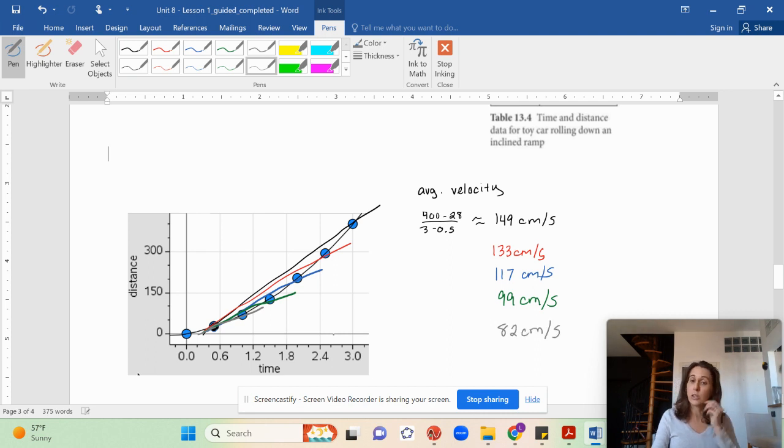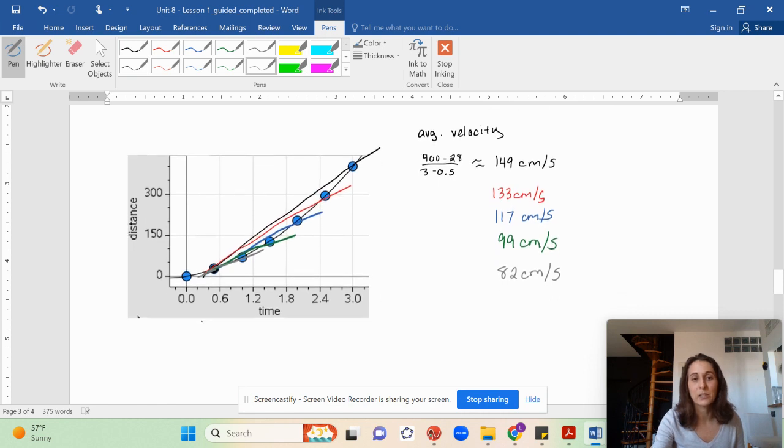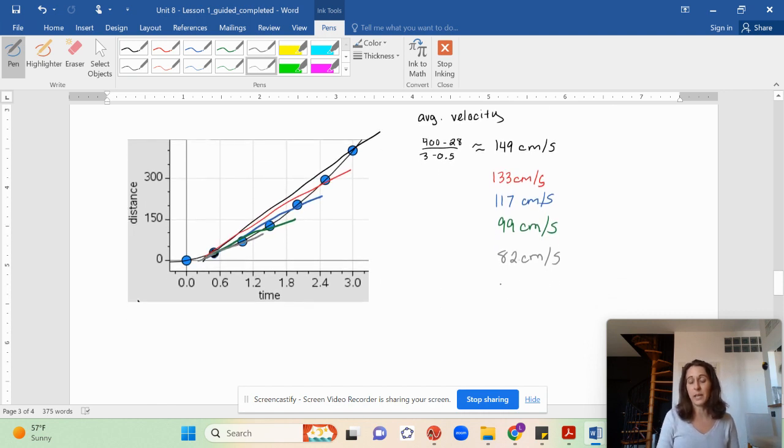So I'm getting closer to the instantaneous rate of change as I keep finding the average rate of change to a time that's closer and closer to 0.5 seconds. So I started with 0.5 to 3, to 2.5, to 2, to 1.5, and then 0.5 to 1 exactly. And so how would I actually find that exact instantaneous rate of change? It's going to be a little bit less than 82 centimeters per second even.